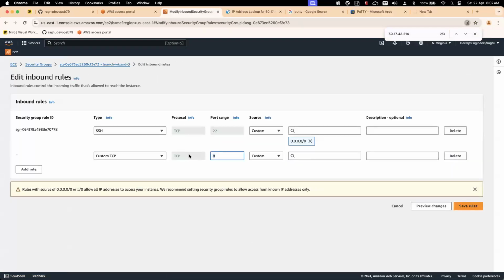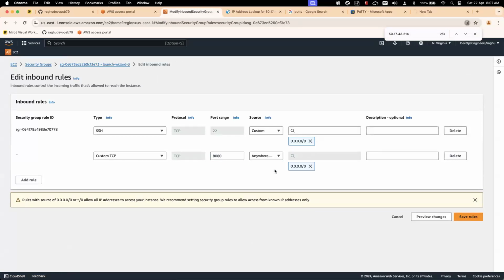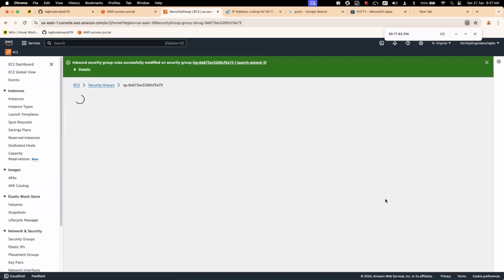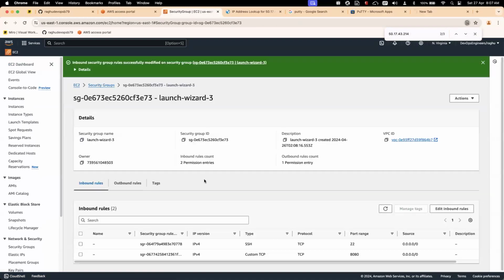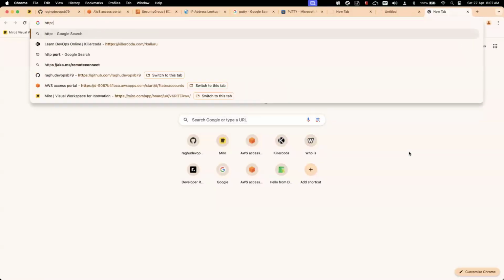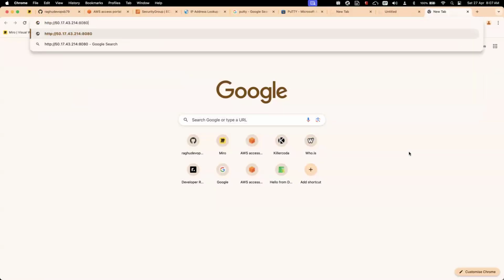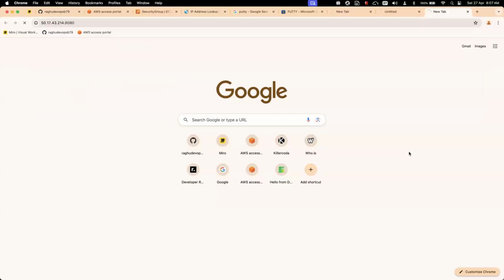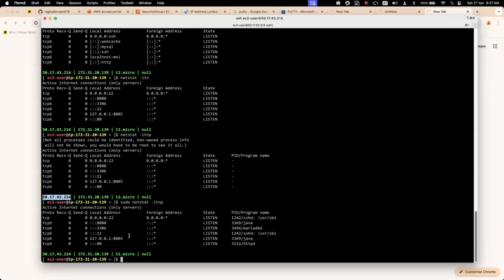Okay, so now what is the port number? 8080. To whom do you want to allow? I want to allow anyone across the world. So I allowed it. Now, since I allowed it, if I go to the browser and hit the same server once again, I should be able to get the web page, unless something is not working on 8080.